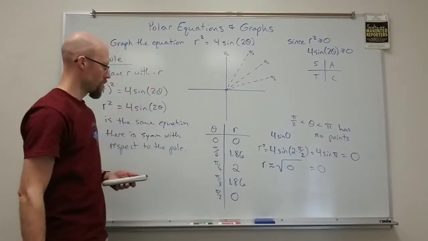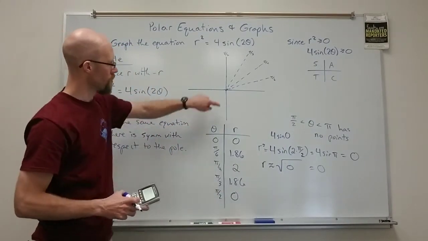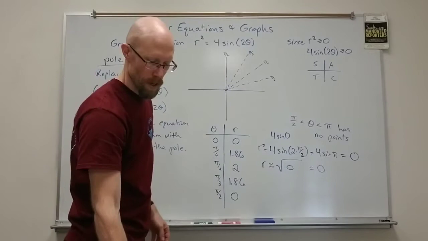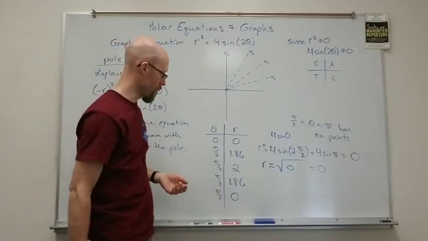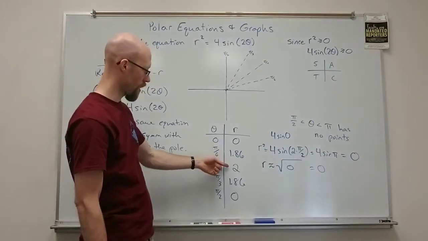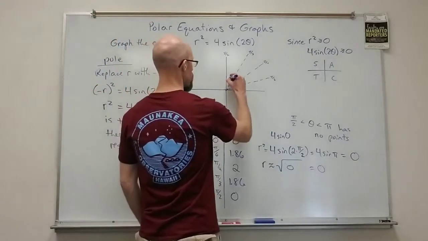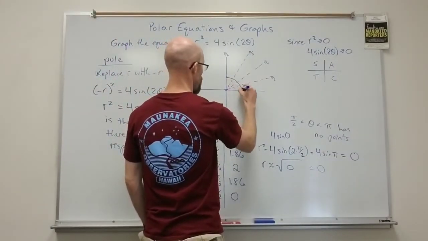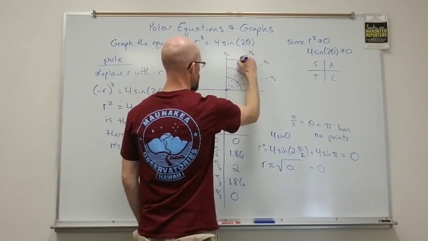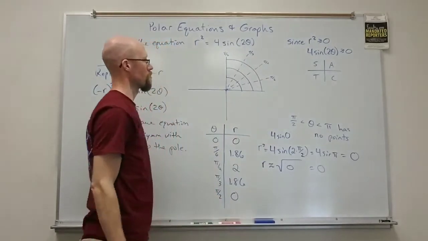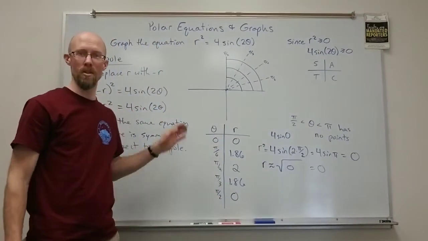So radius of 0. So if I think about how those plot out, I need some concentric circles to get my radius in here. So maybe we go out to 3. I got to go past 2 anyway. So let's go 1, 2, 3. Those are roughly 3 concentric circles a unit apart.